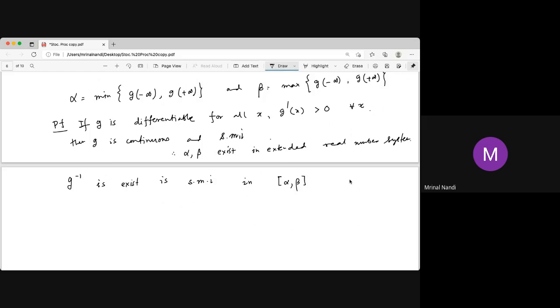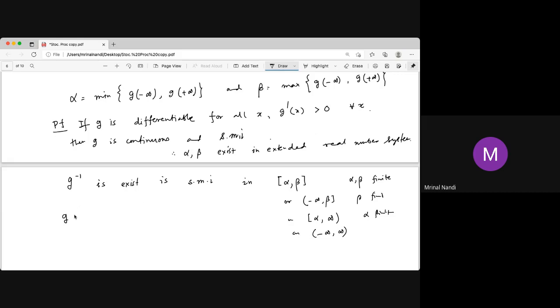So if alpha and beta are finite, or minus infinity to beta if beta is finite, or alpha to plus infinity if alpha is finite, or minus infinity to infinity if both are infinite, we just take the open interval.